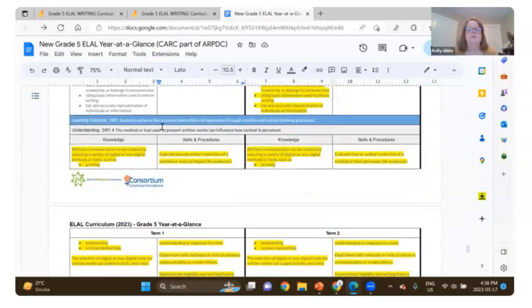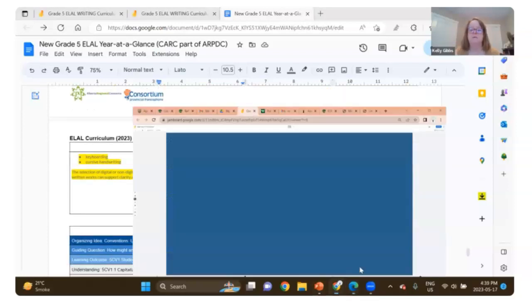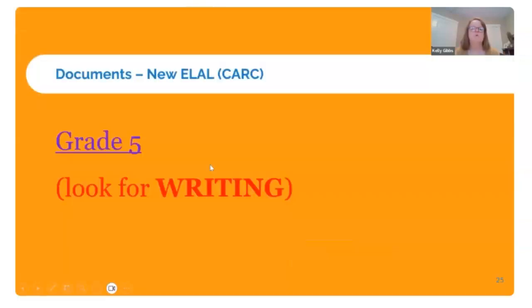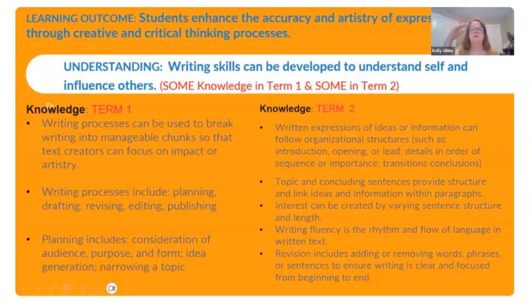And then the method or tool to use to present written works can influence how context is perceived as an understanding. All of it is throughout the whole year. I think I missed one of them, but in the document I pulled them out. There's the learning outcome, there's the understanding, and what we are teaching in term 1 and term 2.